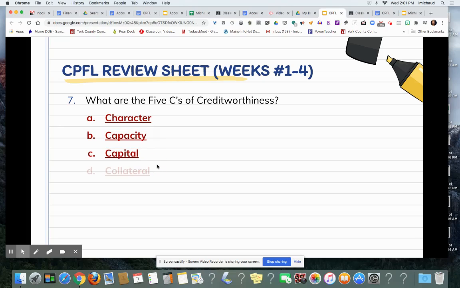How much money do you have? Your net worth. Collateral. What kind of assets do you have? And condition. What are the economic conditions? So those are the 5 C's of creditworthiness. So these are used to determine if a creditor is able to loan you money or extend you credit in any way, shape, or form. These are important.